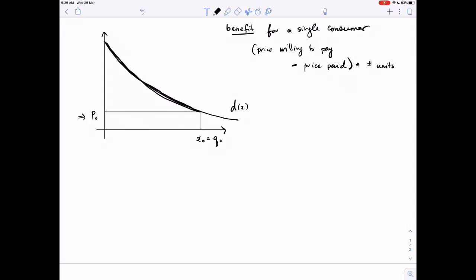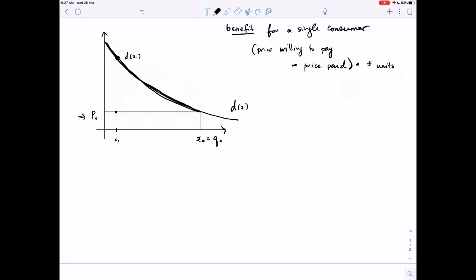So along here, let's consider, for example, if we were just to take somebody at this point over here, they were willing to pay, so let's call this x1. They were willing to pay this price up here, d of x1. But they only had to pay P0.